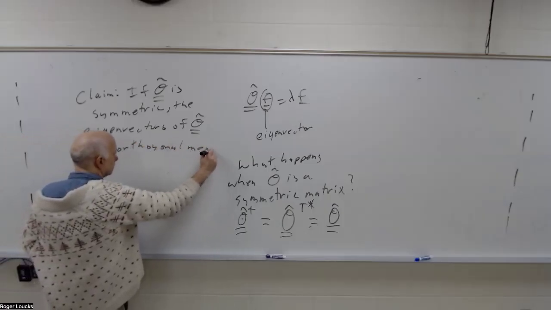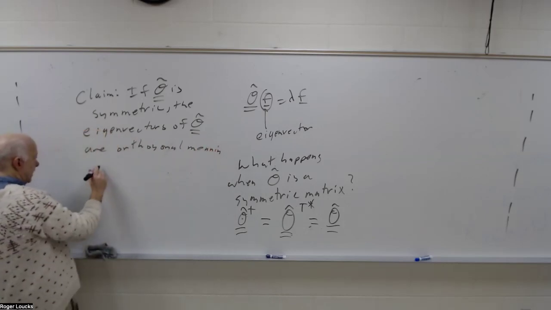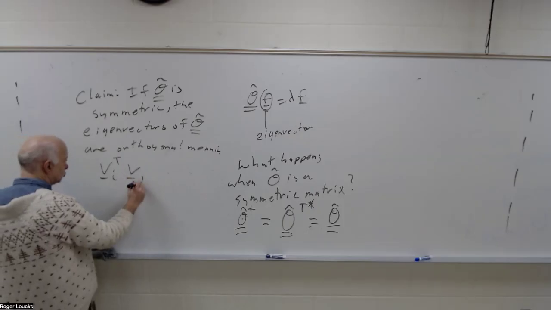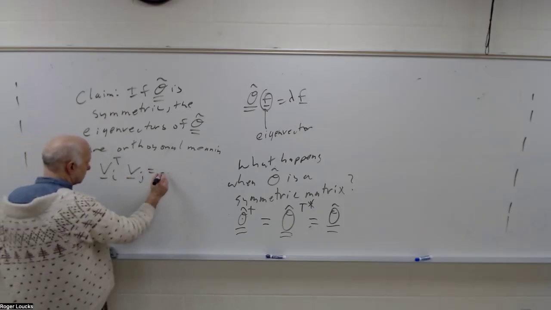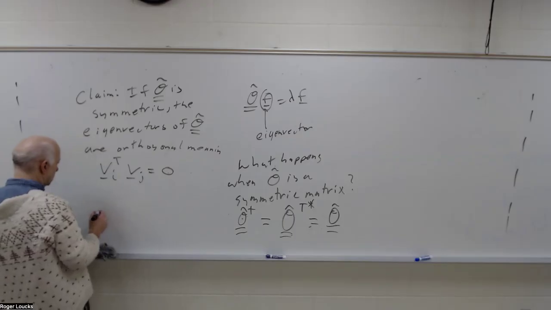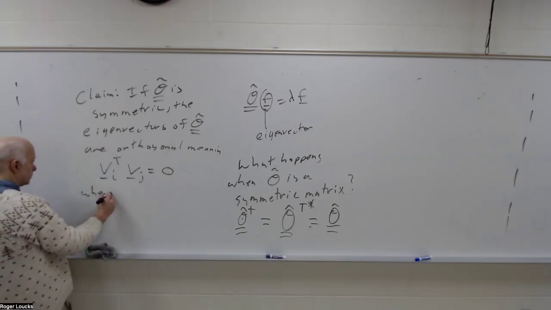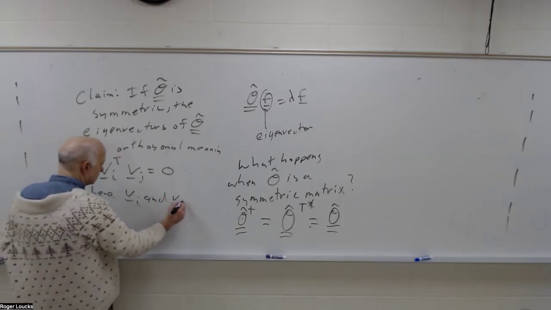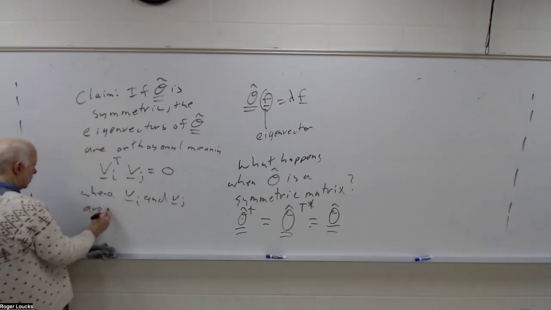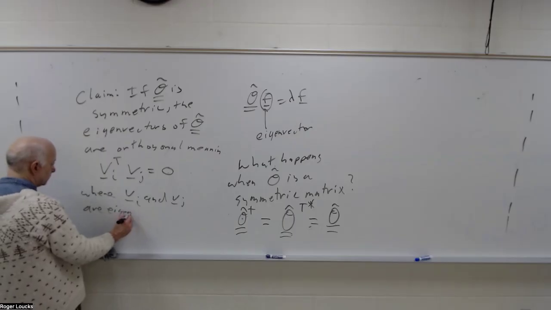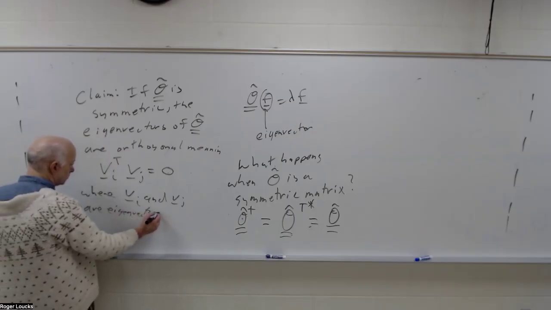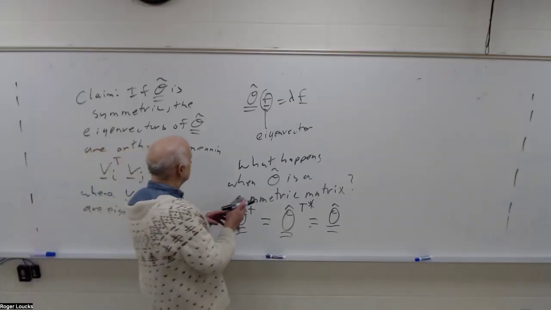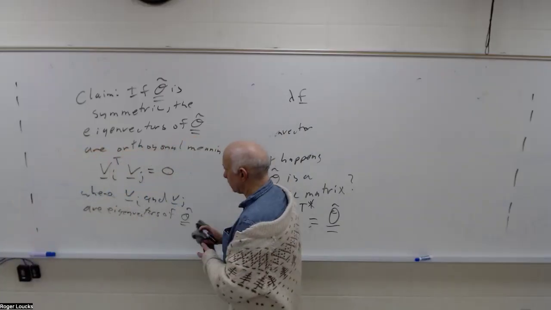Meaning that V_i transpose times V_j equals 0, where V_i and V_j are eigenvectors of O.